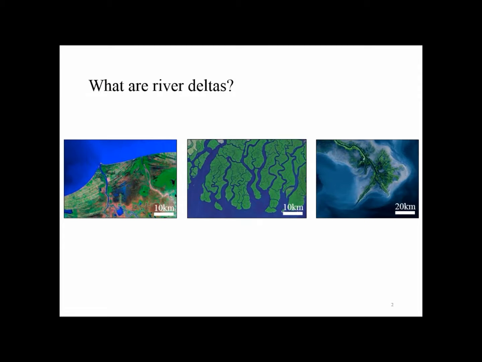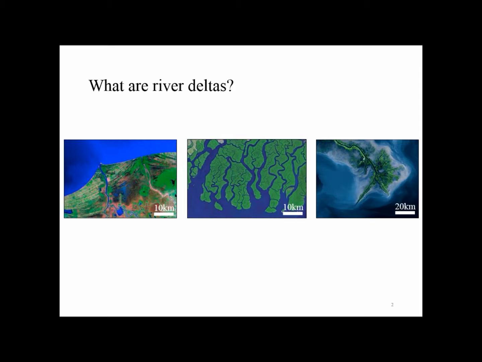So before I go into predicting deltaic morphology, what exactly are river deltas? I'm aware that most of you are geologists, but just a very brief introduction. River deltas are environments where fluvial sediments have accumulated in lakes or in oceans because, of course, the velocity of the river slows down as it enters a standing body of water.